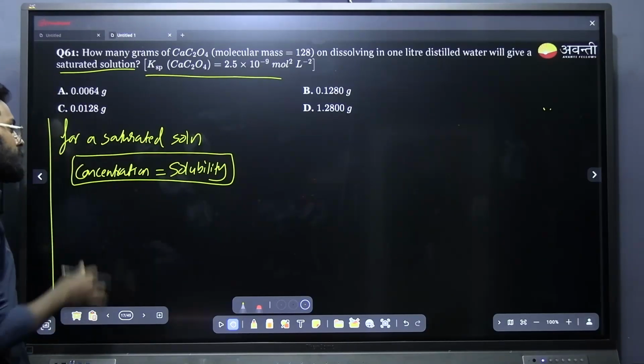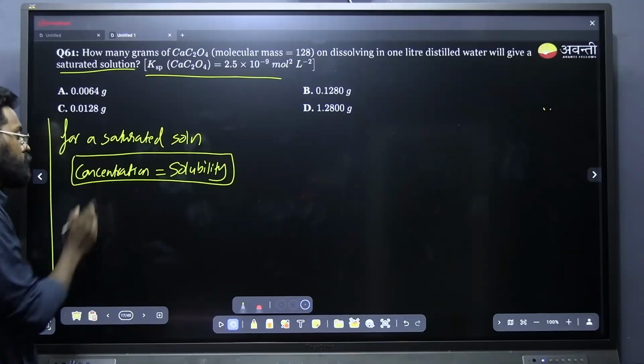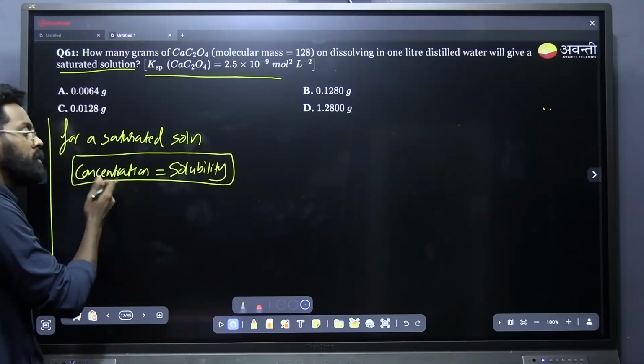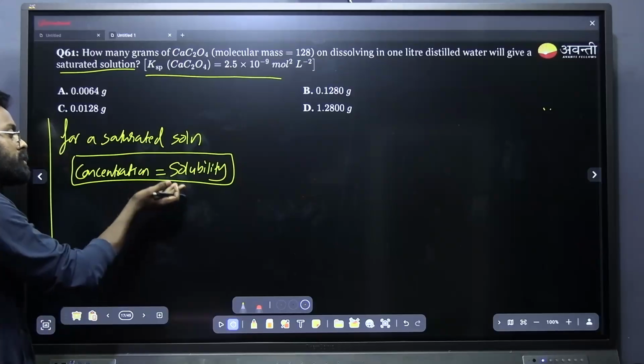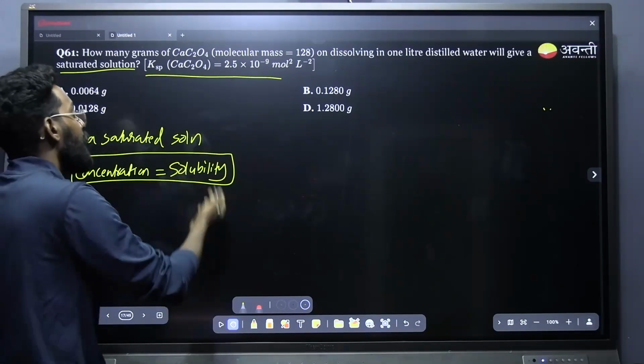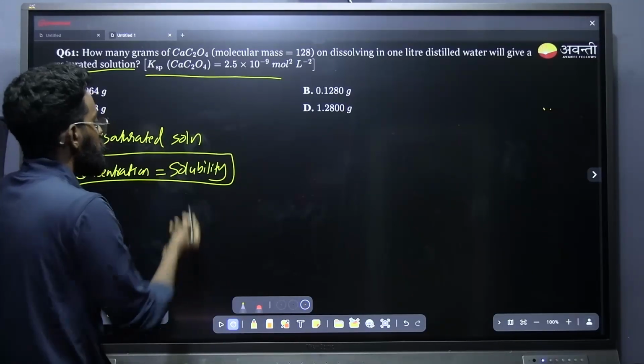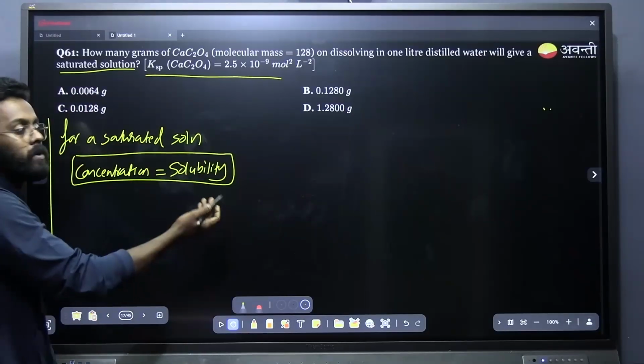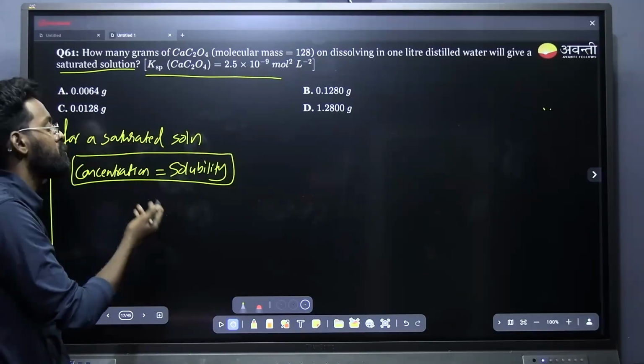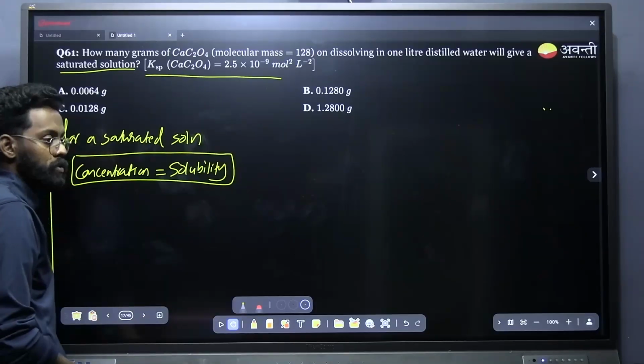Why? The definitions of both are almost the same. Concentration is the amount of solute in a given amount of solvent. Solubility is also an amount of solute, but it is the maximum amount of solute that can be dissolved in a particular amount of solvent.